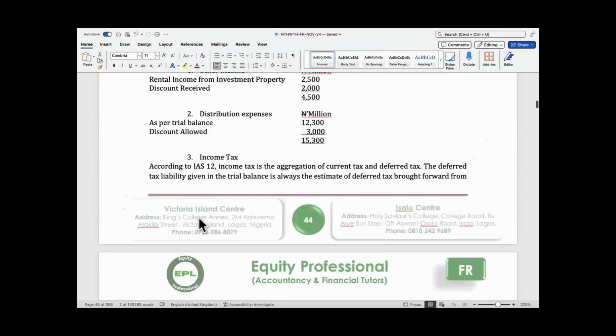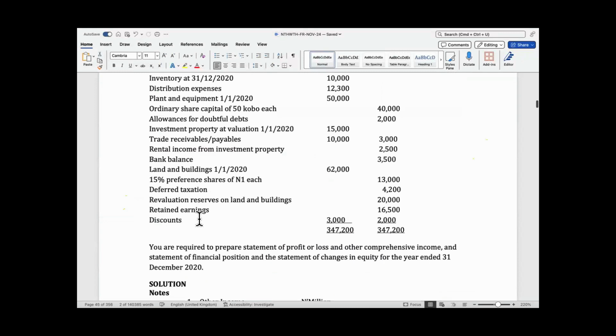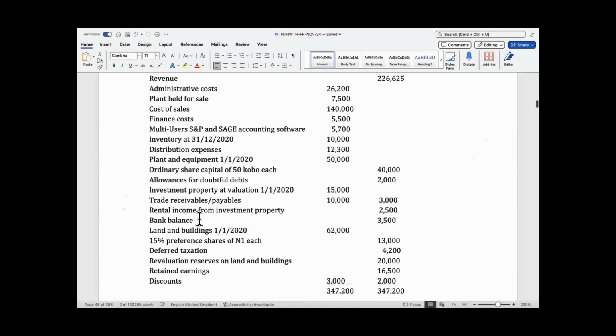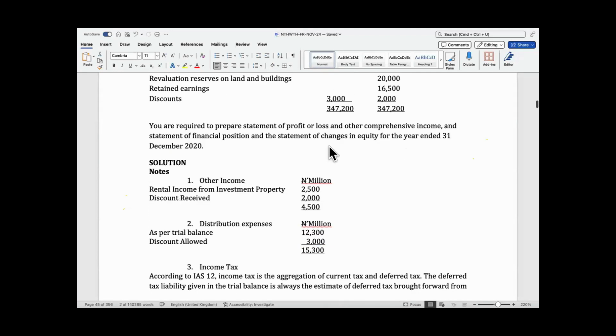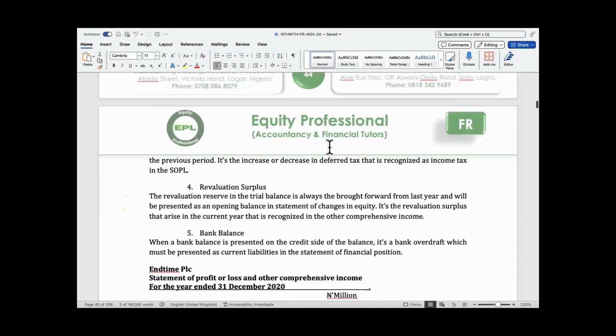So, do you have any finance costs here? Finance costs are like bank charges, interest expense. In fact, there's one here: 5,500. Did we show the workings here?